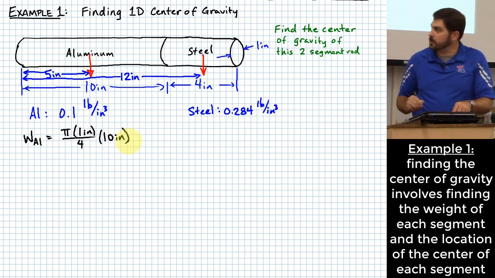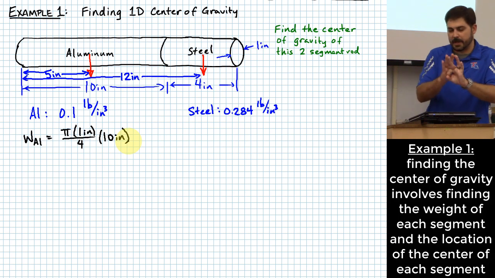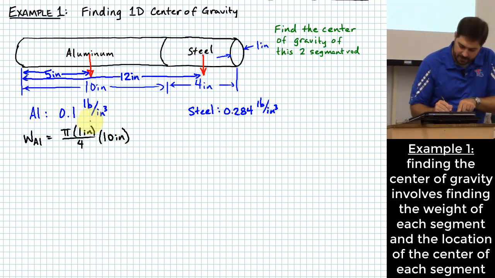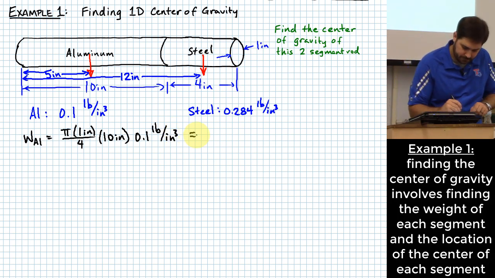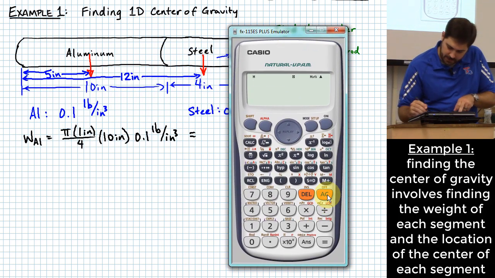I'm trying to figure out the total amount of volume of the aluminum. So I need the cross-sectional area of the aluminum times its length. Then I need to multiply by the density of it, so multiply by 0.1 pound per cubic inch. Okay. So let's go ahead and do pi times 10 times 0.1.